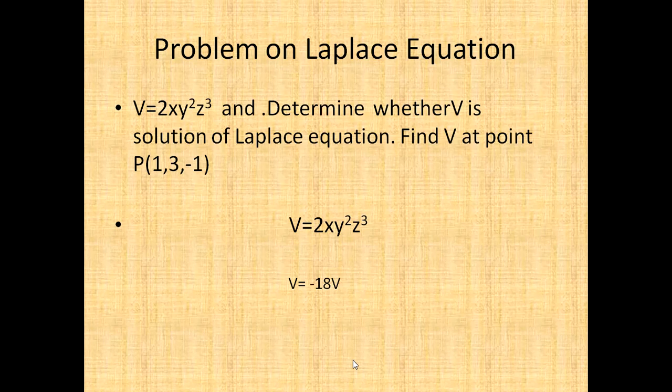In this problem it is simple, only a substitution. The X, Y and Z values are substituted, that is 1, 3, minus 1, and we get V at that particular point as minus 18 volt. Using the equation, the whole distribution can be calculated.